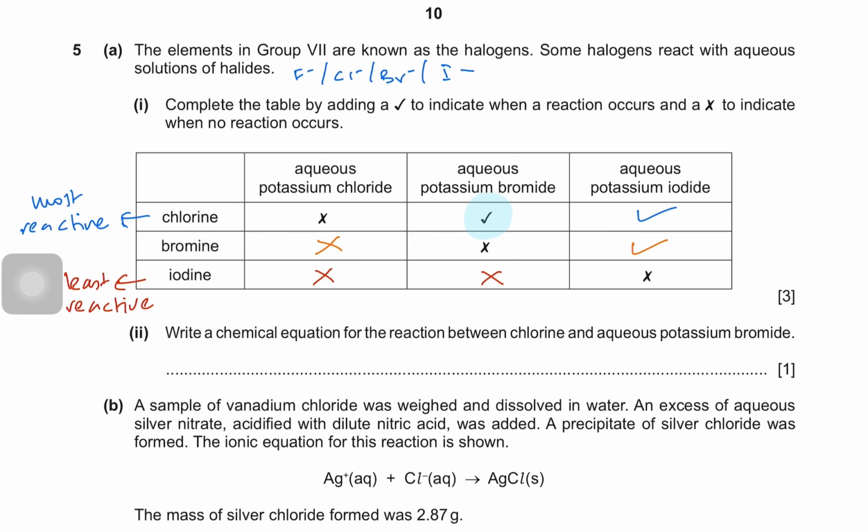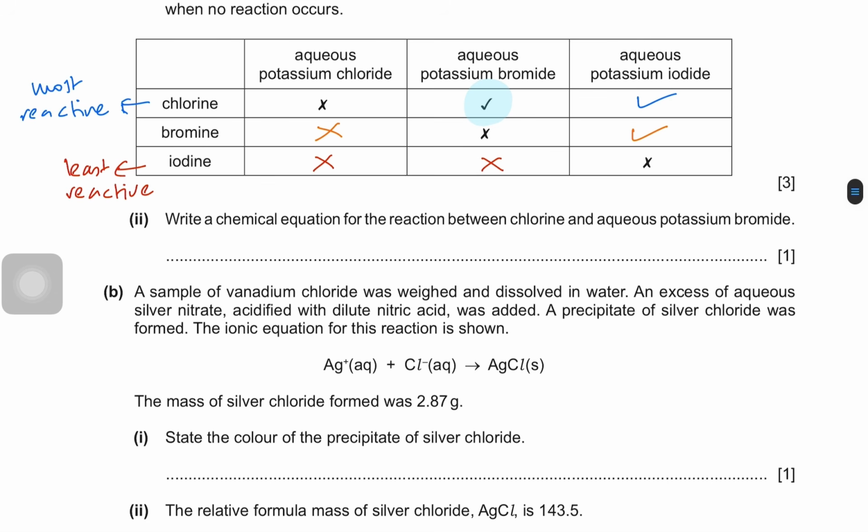Write a chemical equation for the reaction between chlorine and aqueous potassium bromide. So chlorine, which is Cl2, and aqueous potassium bromide, which is KBr. Since chlorine is more reactive, chlorine displaces the bromide and makes potassium chloride. What happens to the bromine?